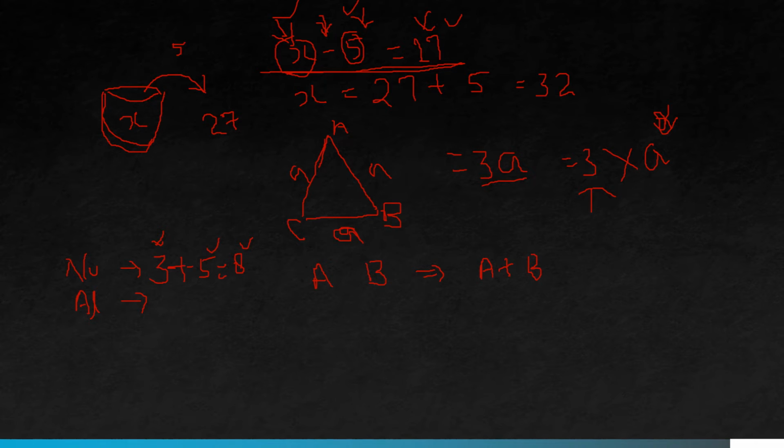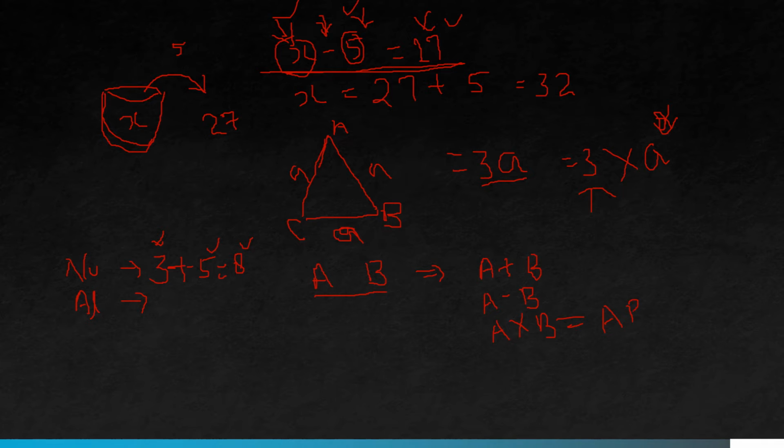This is how we can write. Now let's say we want to subtract b from a, then we write a minus b. Now when we want to multiply, we can represent it as a into b. Another way to represent a into b is to write ab.